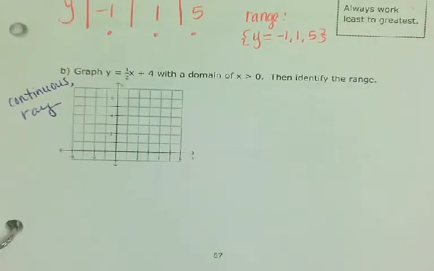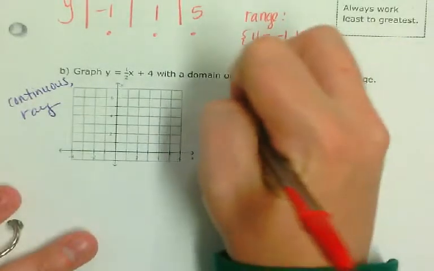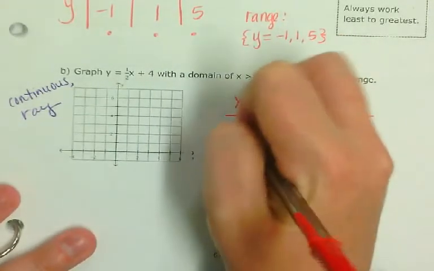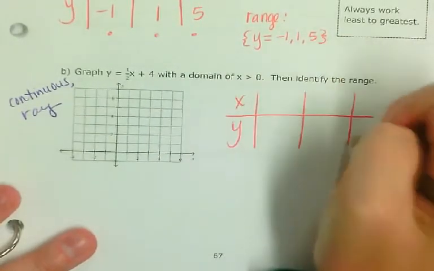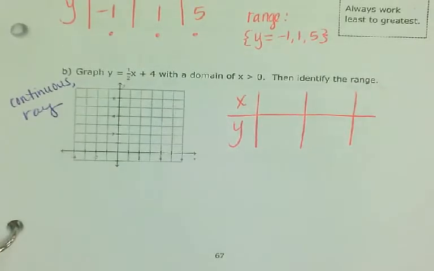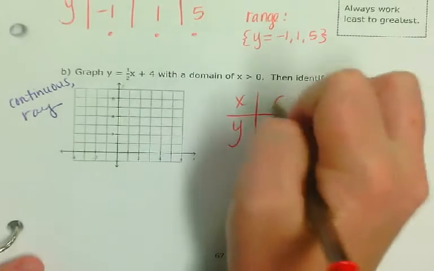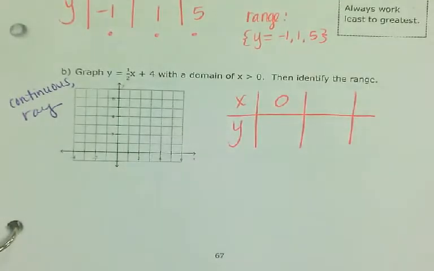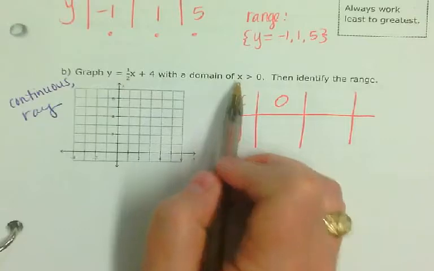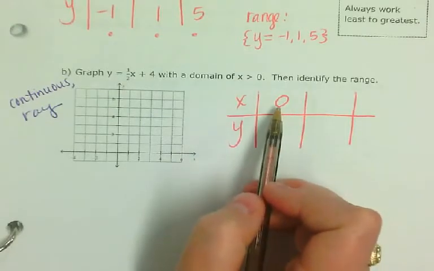But it helps. So when I go to do this, this one is already in slope-intercept form, correct? So I just need a table. And there's only one number written right there in my domain. So that number has to be in this table. If it's written in the domain, it has to be written in the table.